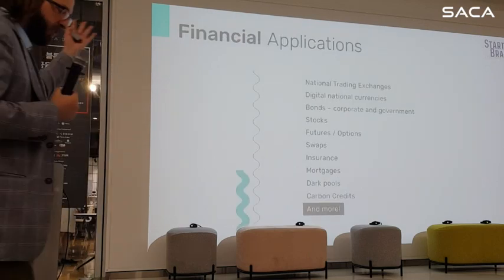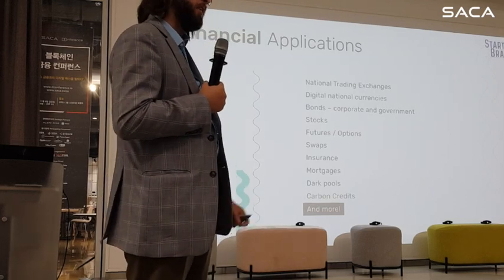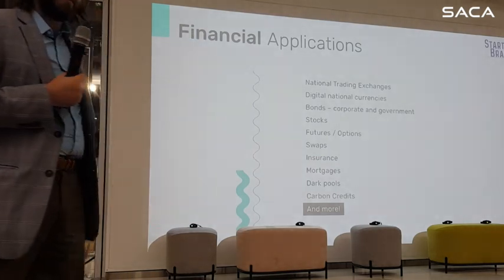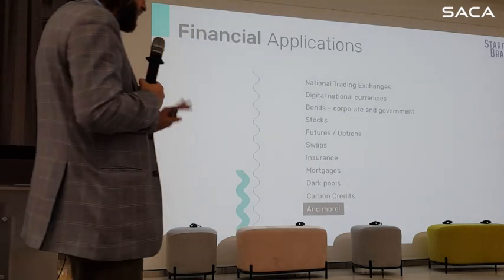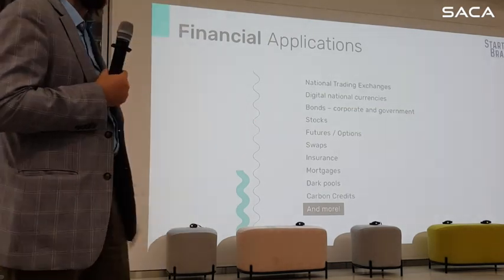So there's a whole slew of applications when it comes to using the blockchain for financial systems. I'll just give this brief overview, but I'll talk about 3 or 4 of these to give you a little idea and go into a bit more detail.